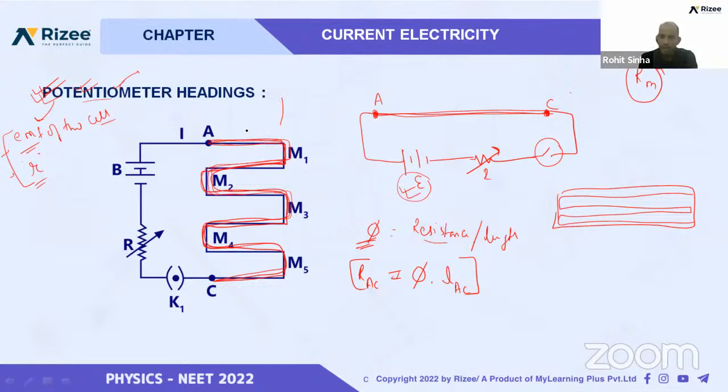Now, if we want to find the resistance of the whole wire from A to C, we multiply phi by the length of AC, and we will get the value of the resistance of AC.